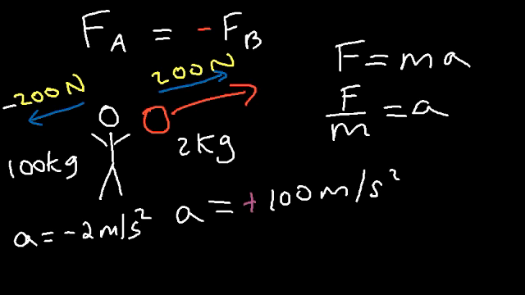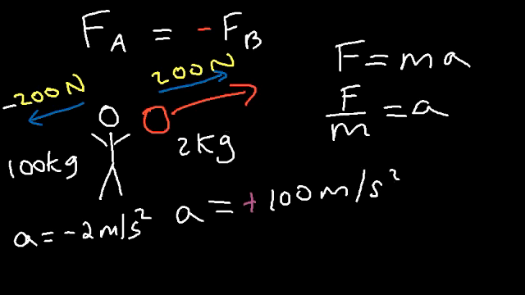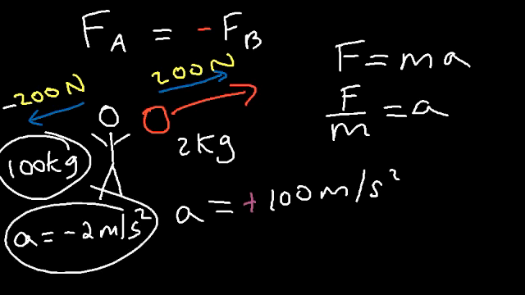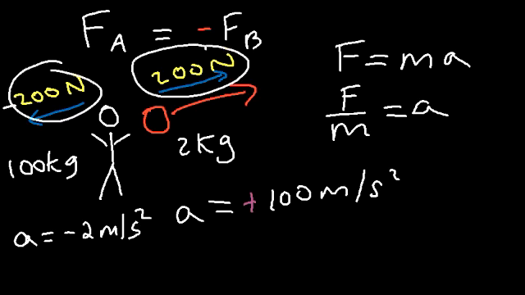But as you can see, the object with less mass experiences a much larger acceleration. The person with more mass experiences a smaller acceleration. However, the forces are equal according to Newton's third law. For every action force, there is an equal but opposite reaction force.